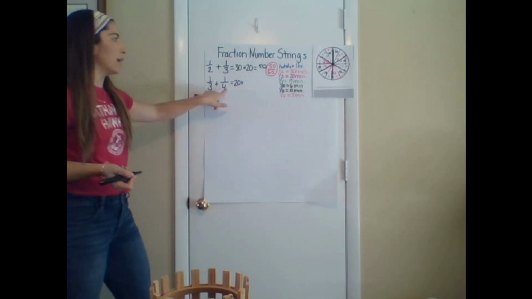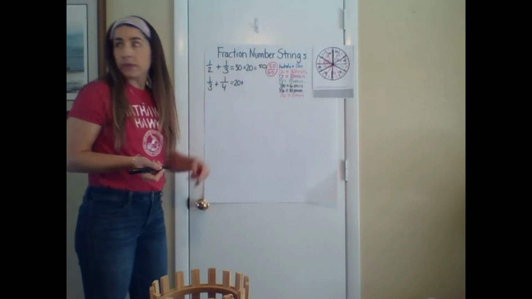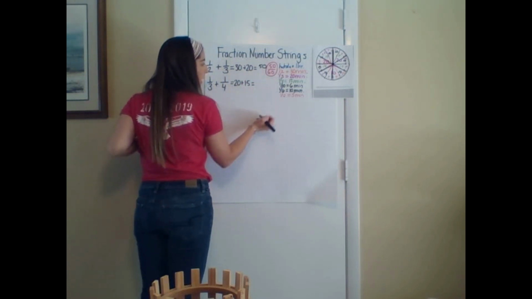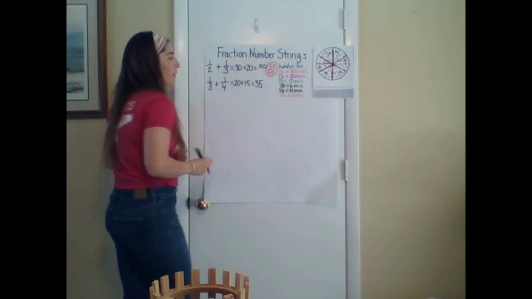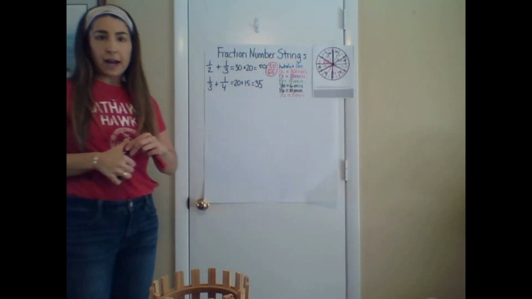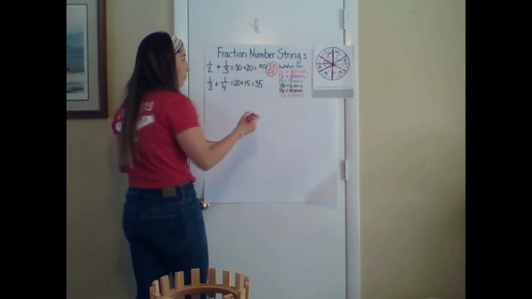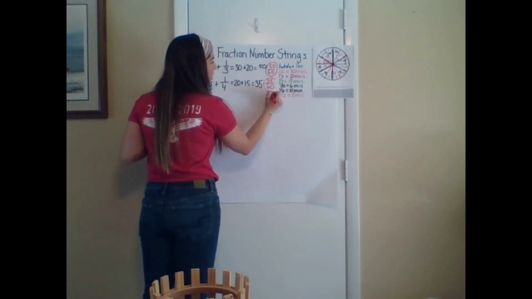We also know that 1/4 is equal to 15 minutes. When we add them together, we get 35. To turn that into a fraction, all you need to do is put it over the total amount of minutes in an hour, which would be 35 over 60.